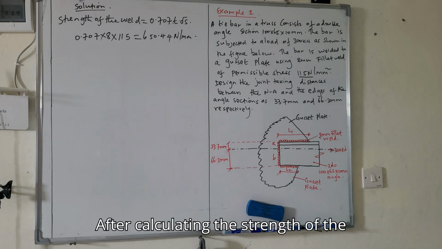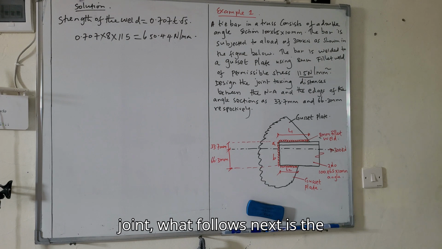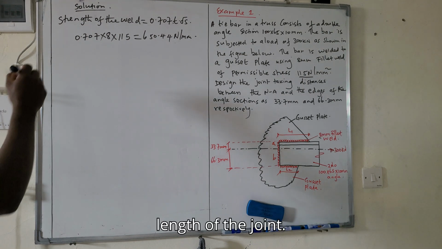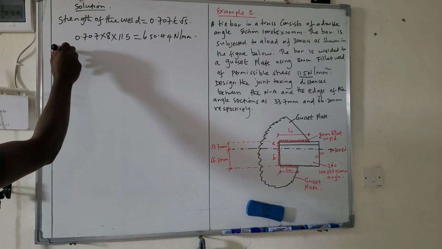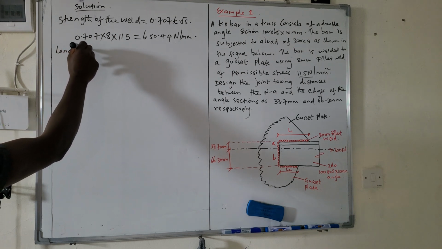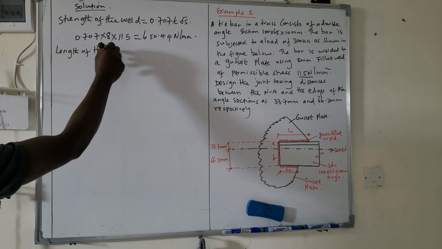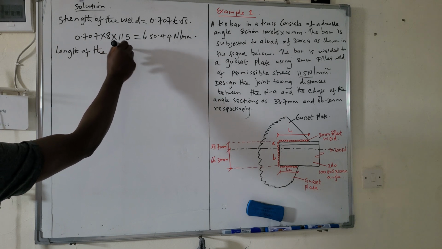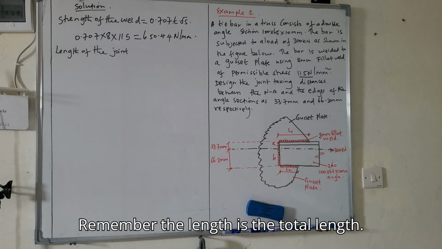After calculating the strength of the joint, what follows next is the length of the joint. Remember, the length is the total length.